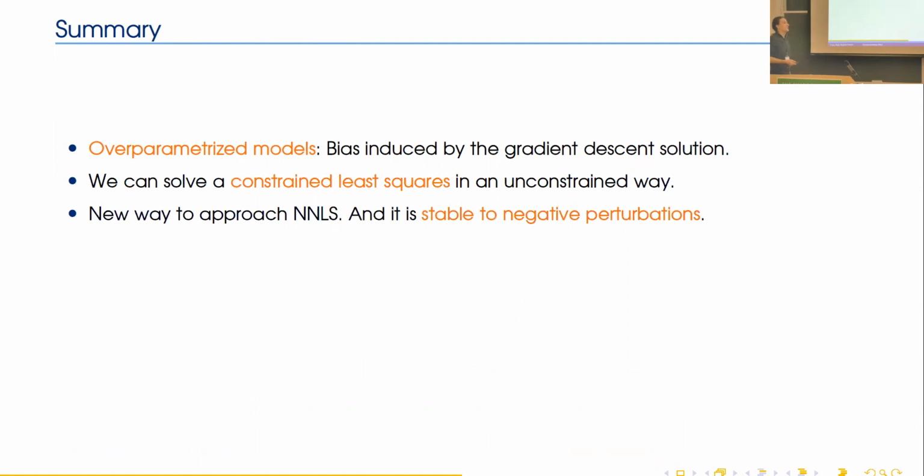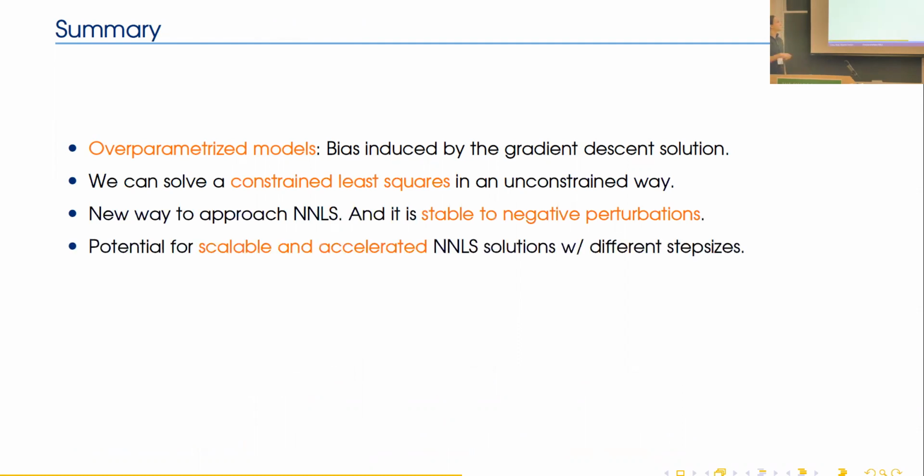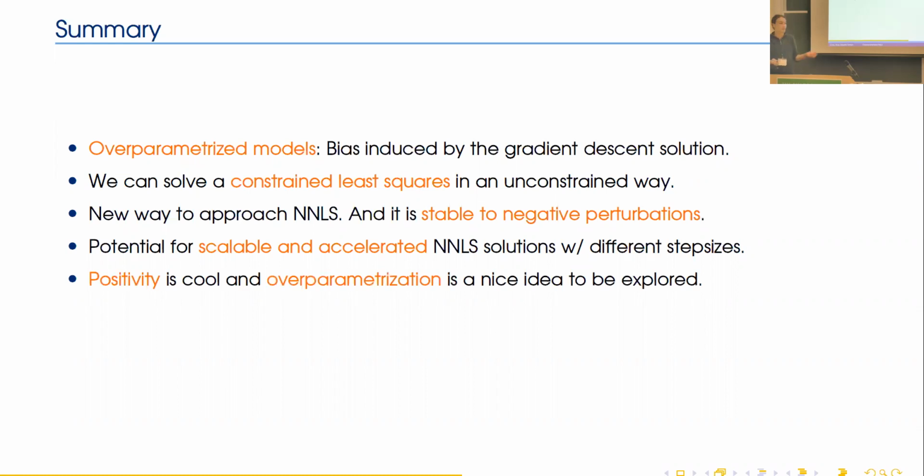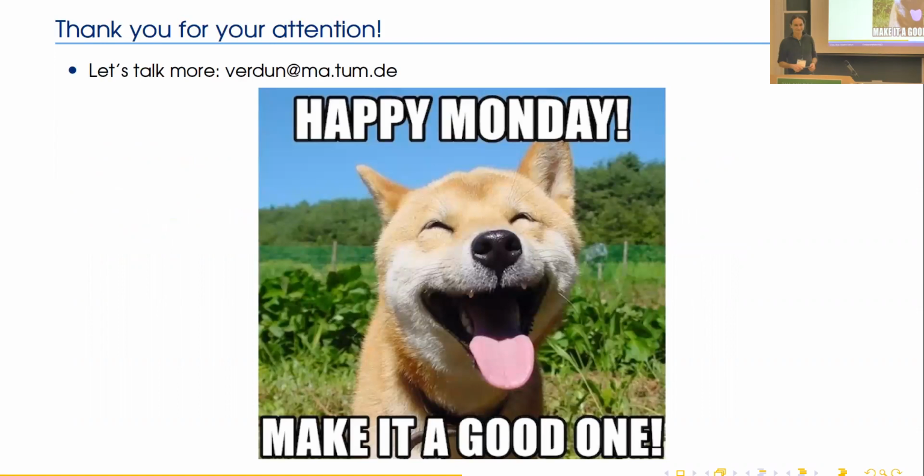Our approach is stable to negative perturbations. Because we are solving this in an unconstrained way, it has a lot of potential, I would argue, for scalable and accelerated solutions. And positivity or non-negativity is cool. Overparametrization as well. So I would say have a positive evening. That's it.